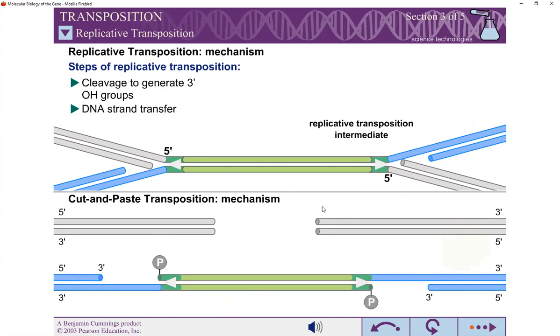One thing that you should remember is that transposons can be divided into the following types. Transposons have been categorized into two different types. Which are the two different types?